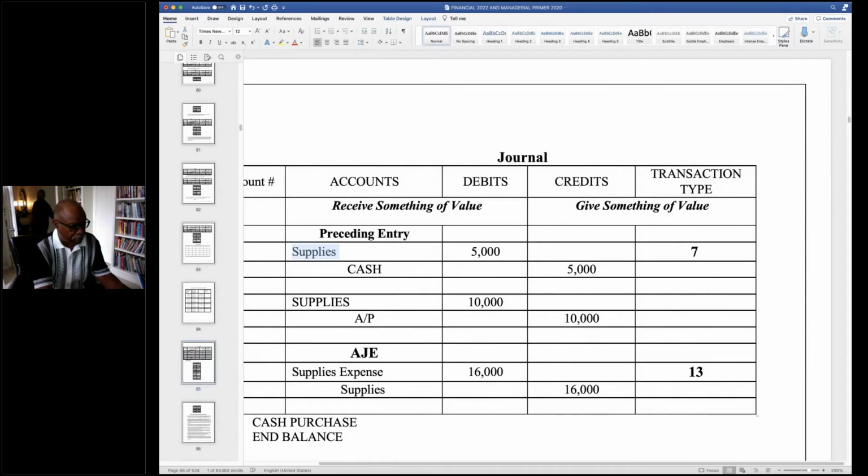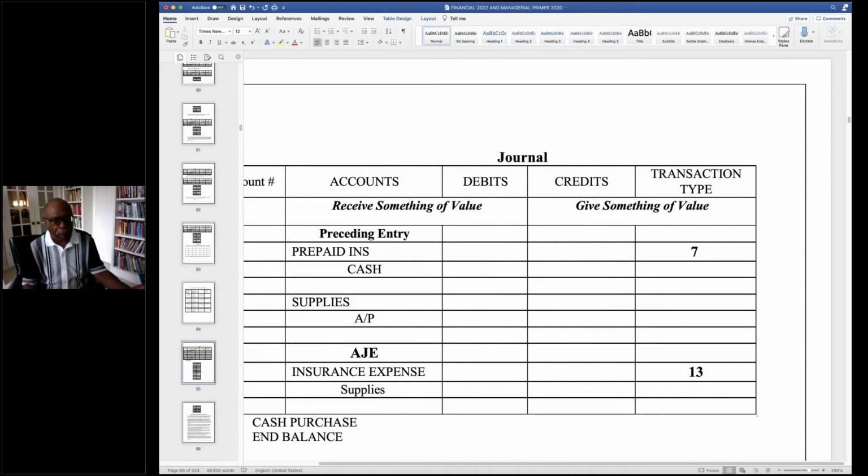So take all these out. And so now we're going to have insurance expense and prepaid insurance.